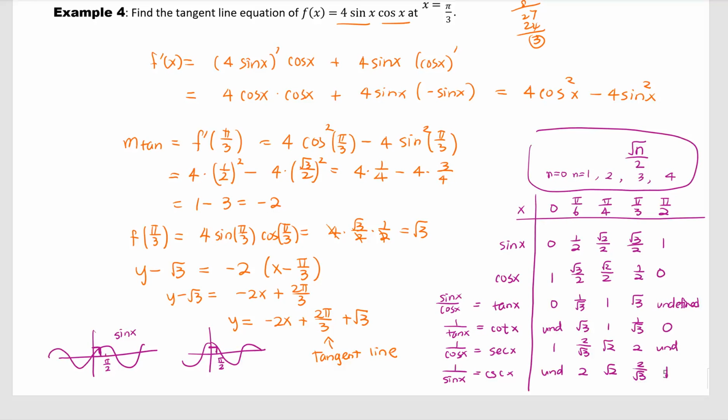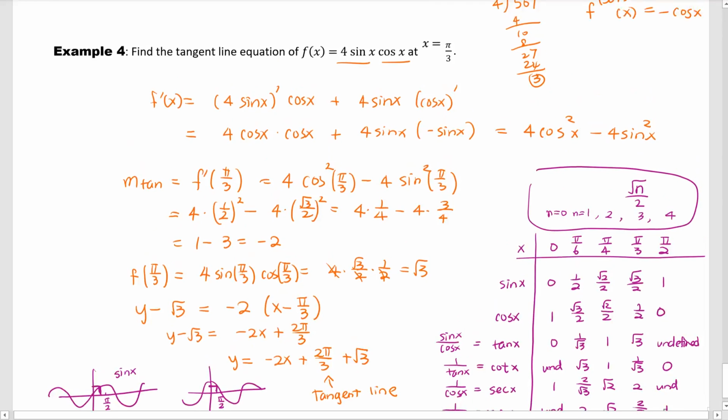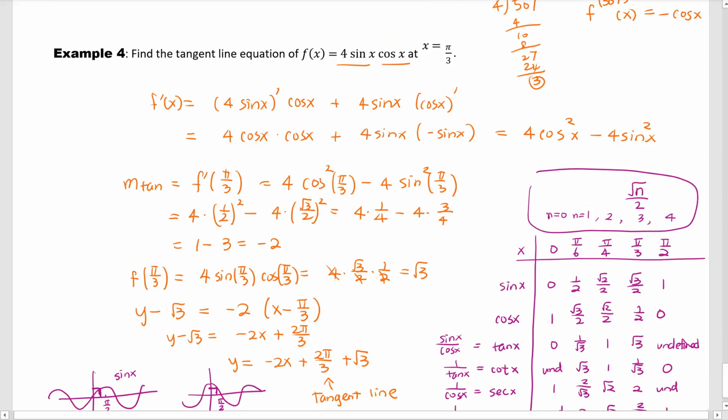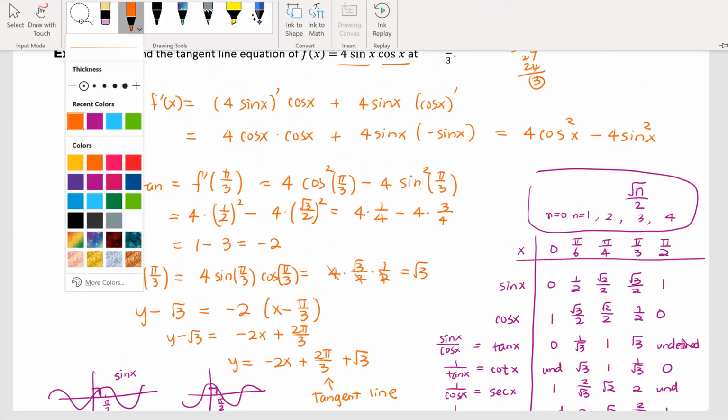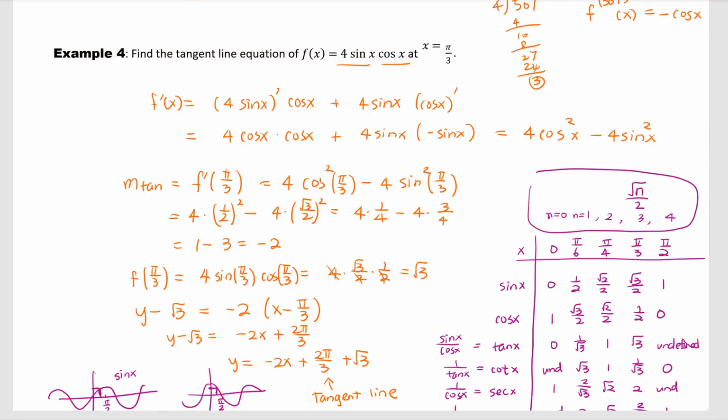Okay, what if the problem asks you to find the normal line? Well, to find a normal line, let me see, do I have enough space here? Okay. So if they ask you to find a normal line, first you want to find m normal, the slope of the normal line, right? So let me do it here.